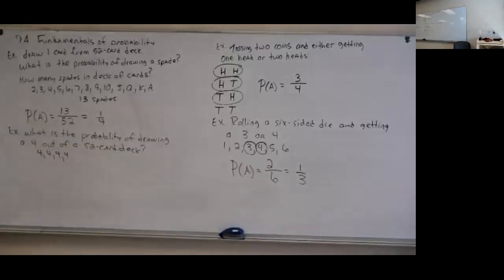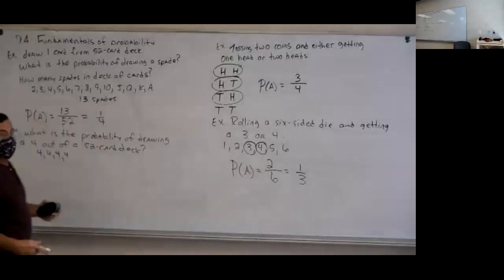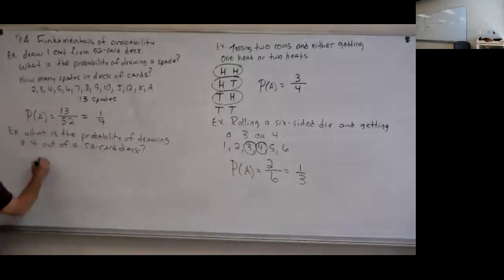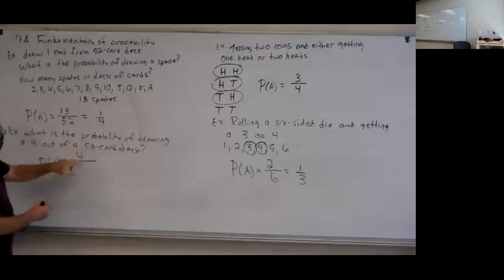So my P of A is going to equal the 4 ways that I can get the 4, a heart, a club, a spade, or a diamond, over the total number of cards, which was 52.